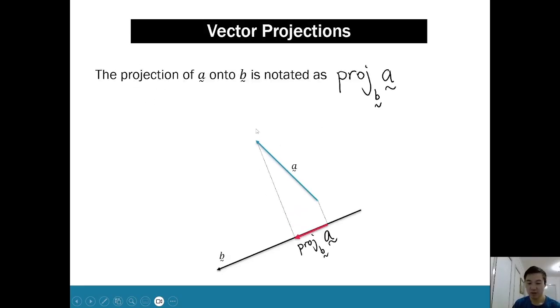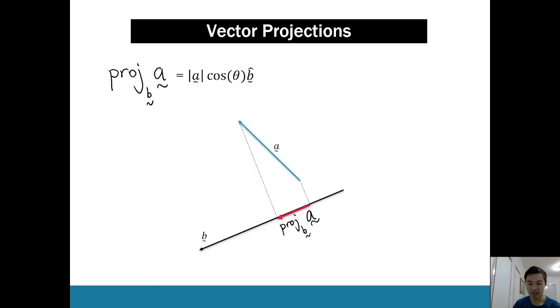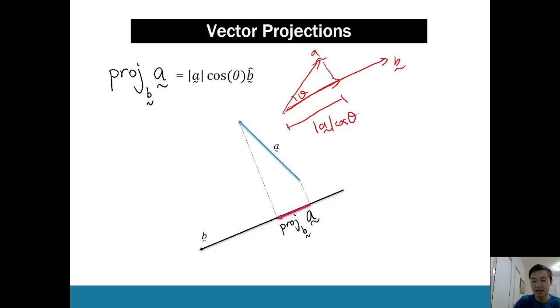So the formula we use to find the vector projection is this. If we're projecting onto B, and this is the angle between them, and this is A, the length here is going to be the magnitude of A cos theta, using trigonometry.